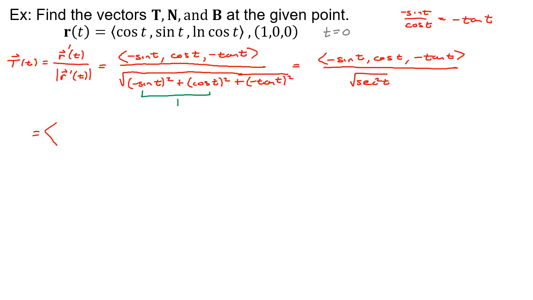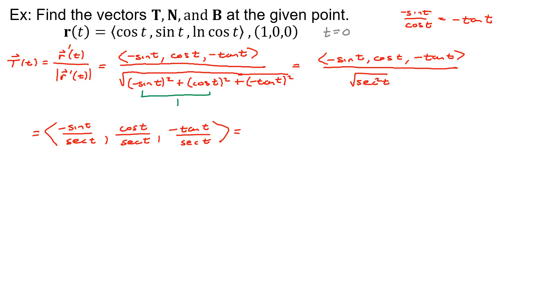So I'll get negative sine over secant. I'll get cosine over secant. And I'll get negative tangent over secant. But all of these simplify, not terribly well, but they do simplify a little bit.